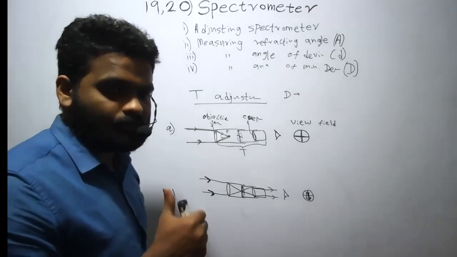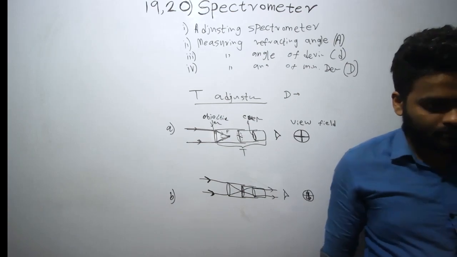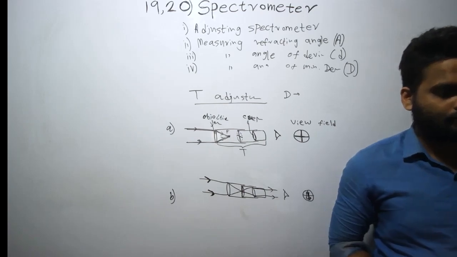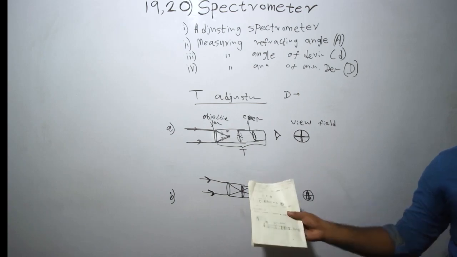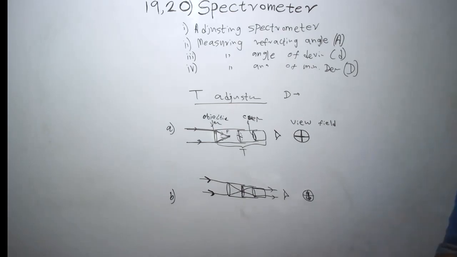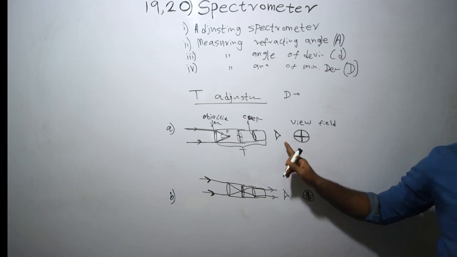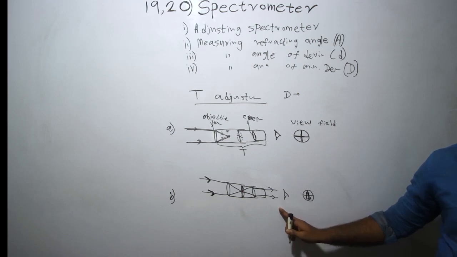Draw this one. If you have drawn that, thumbs up. Previously you drew this. You only have to draw this one.